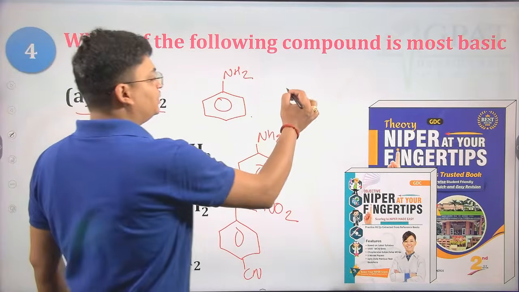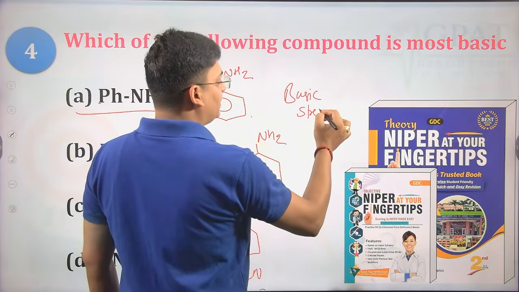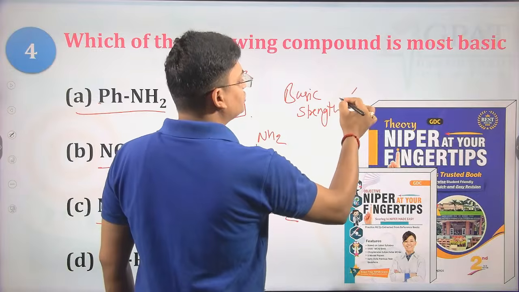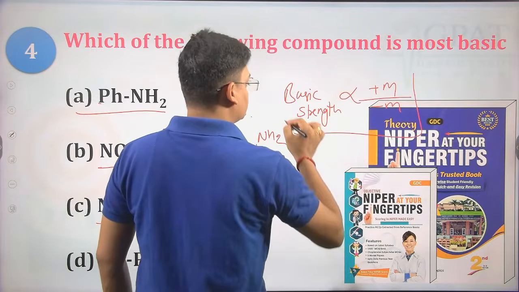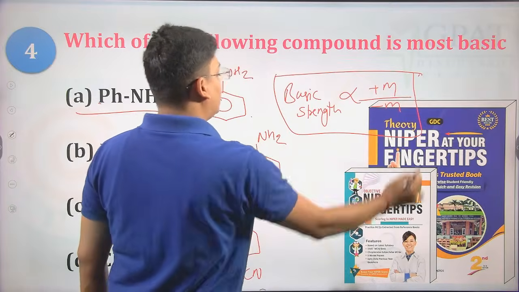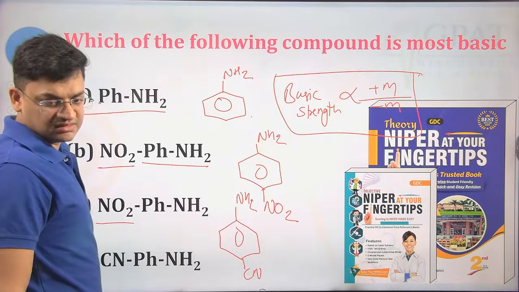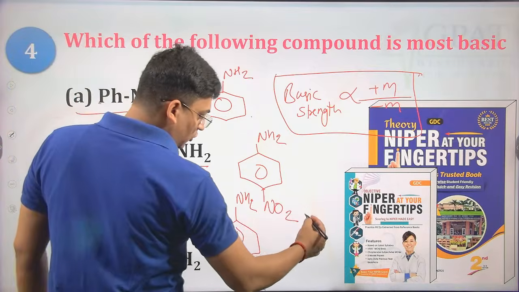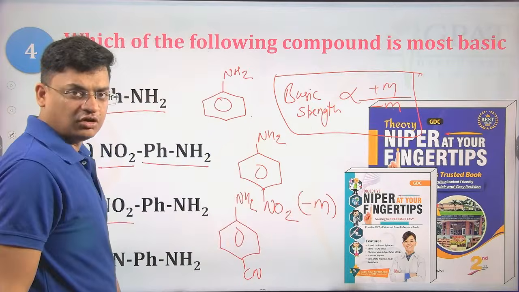The basic strength of aromatic amines is directly proportional to the number of plus M groups and inversely proportional to minus M substitutions. In this case we have no substitutions here, no plus M, no minus M. While here we have this NO2, that is a minus M. So minus M always decreases the basic strength of the aniline.